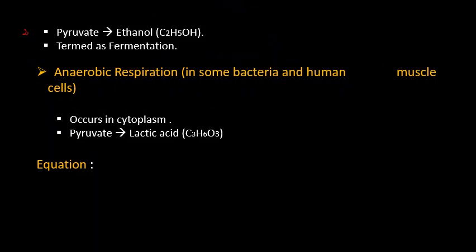Now let's see the second step that takes place in anaerobic respiration. The end product of glycolysis is pyruvate, and in this step pyruvate is converted into ethanol. What is the formula of pyruvate?